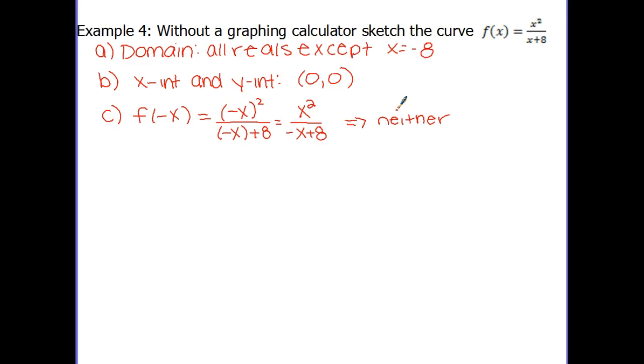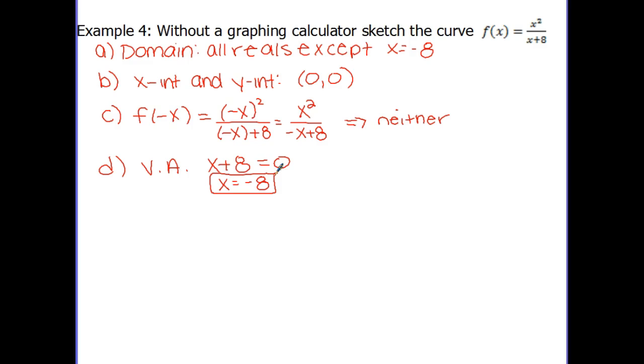How about vertical asymptotes? To find a vertical asymptote, you set the denominator equal to 0, solving for your x. What that tells you is on your graph, at x equals negative 8, we have a vertical asymptote.